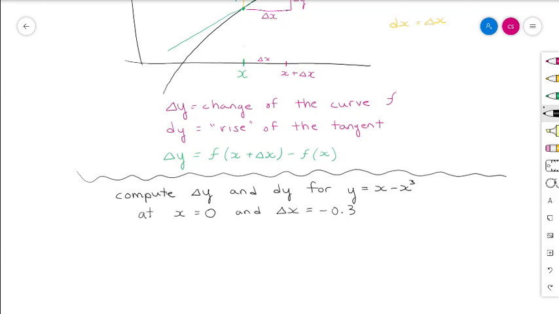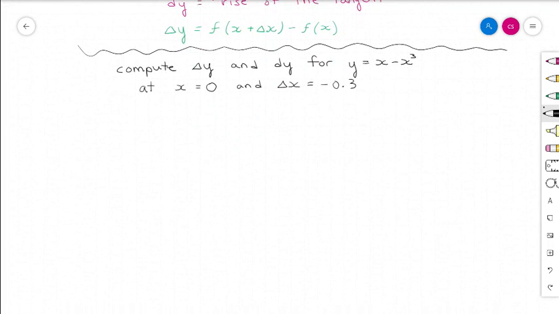Okay, so let's draw a picture. So let's do a quick sketch of this y equals x minus x cubed. I'm going to write the leading coefficient first. Okay, so I'm just rearranging it, and the reason why I'm doing that is I want to get the basic shape. It ends in an odd power, right?